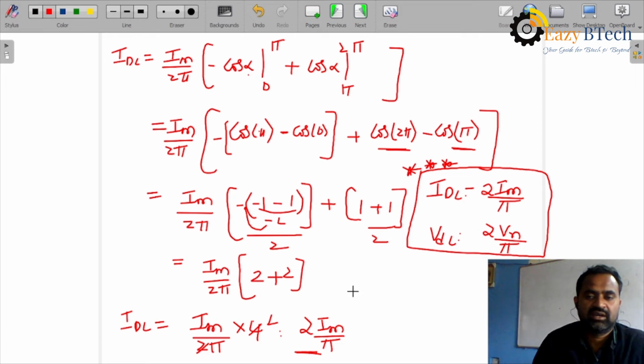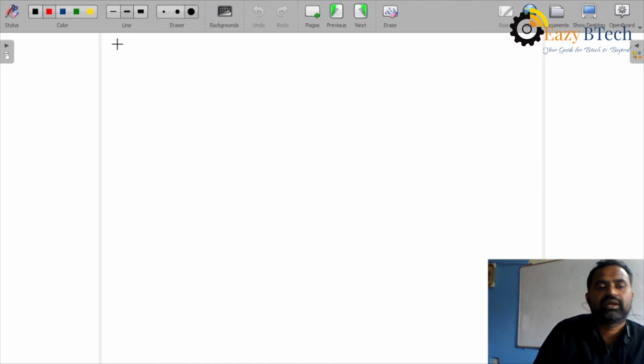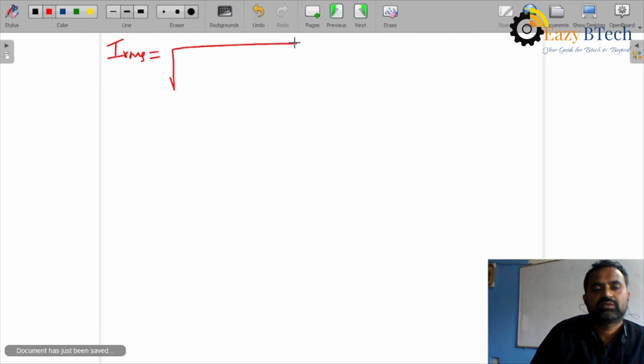This is the value. Okay students, average value of a full wave rectifier it is. Average value of full wave rectifier. Similarly, we will take RMS value. Same, root mean square 1 by T integral 0 to T I square d alpha.